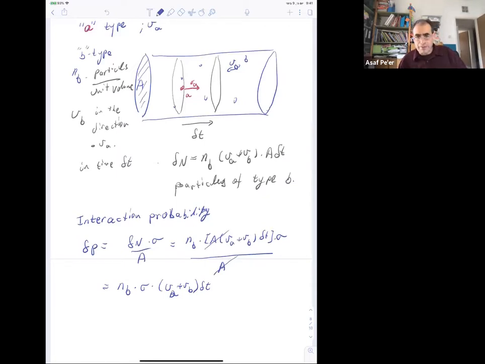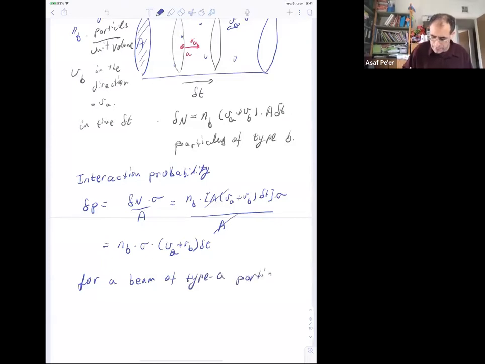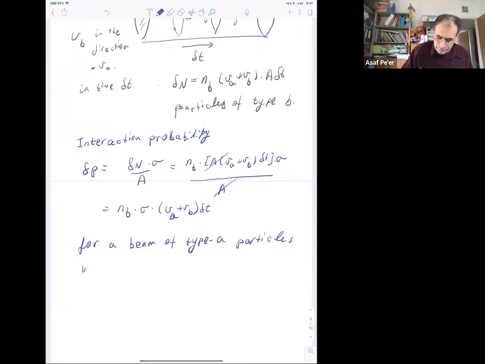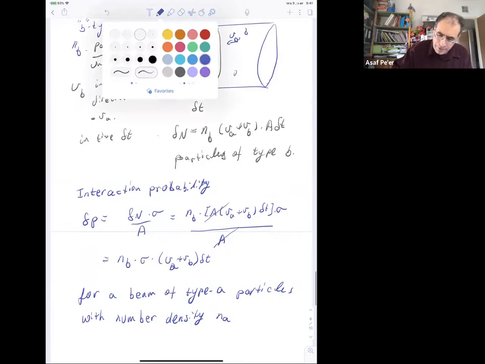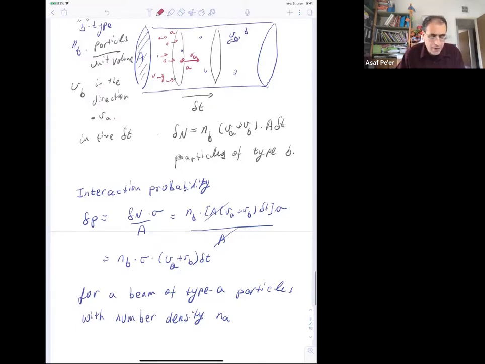Now this is for a single particle. If we have a beam of type A particles, there's a number density NA, which are all confined to this volume V. Now I'm introducing many A-type particles.